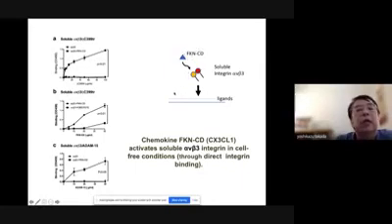To keep the integrin inactive, we included a high concentration of calcium. This is key. Calcium makes integrins inactive. But even under those conditions, we were able to show chemokine can enhance integrin binding to ligand. That means in solution, in cell-free conditions, integrin can be activated from outside without inside-out signaling. So that's the point.